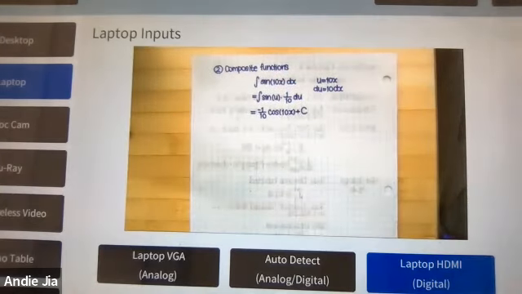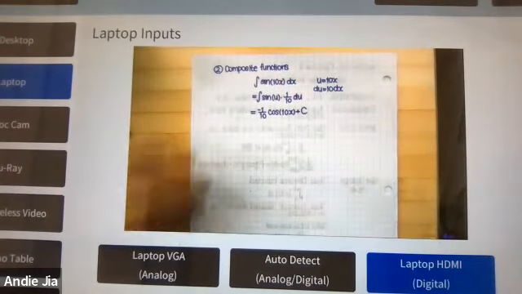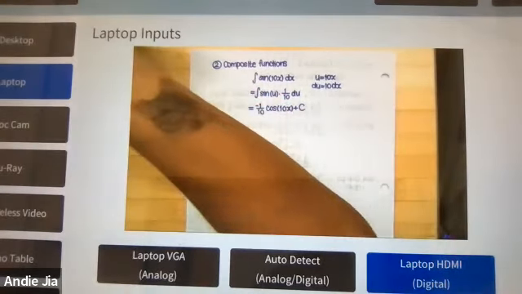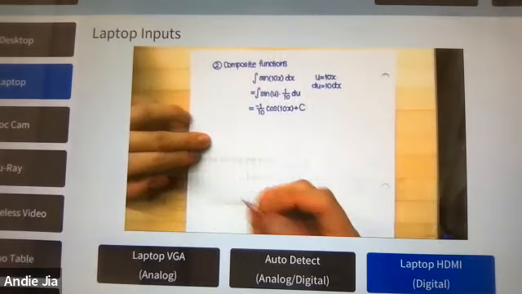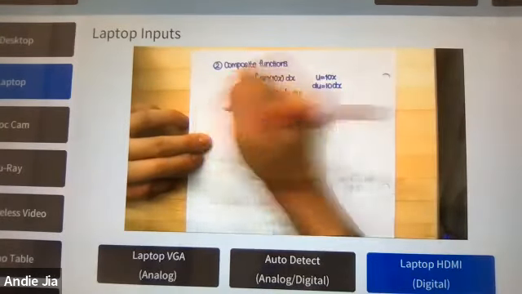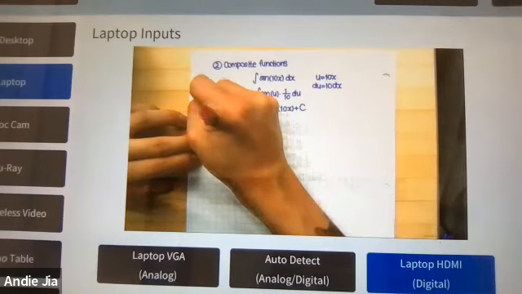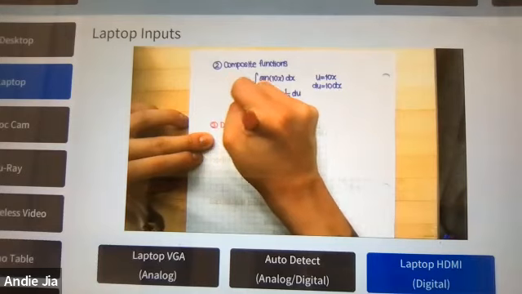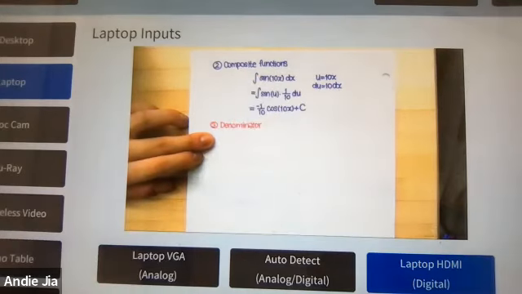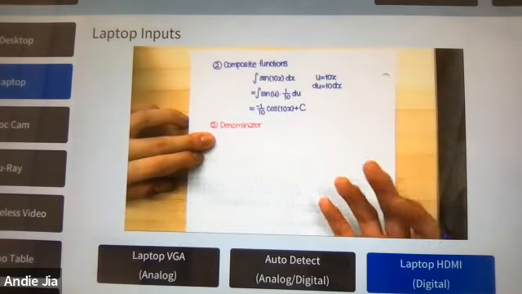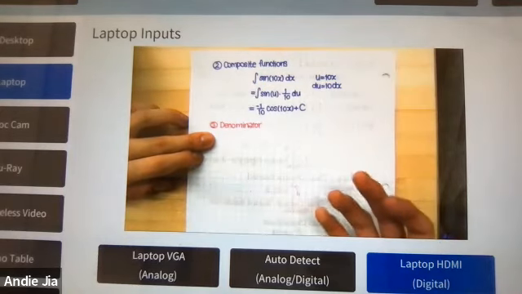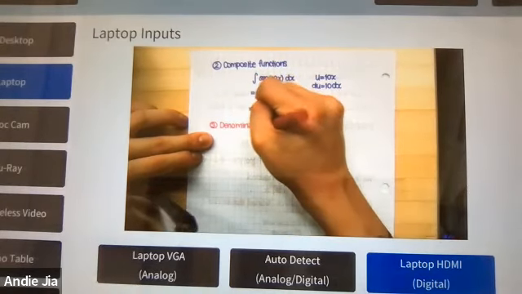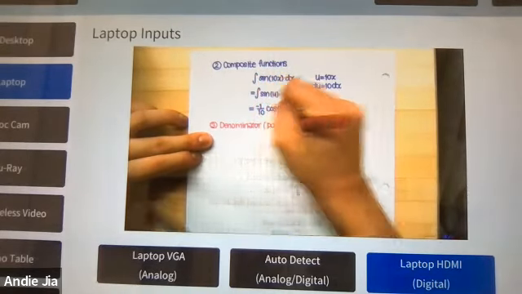And then there's the case with a numerator over a denominator. If the denominator has a higher power, you can get something like arctangent or arcsine, inverse trig.